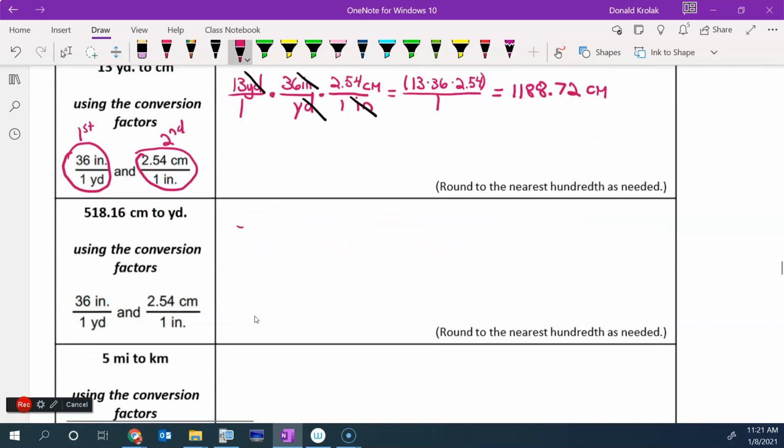So centimeters to yards. So I know I want to have centimeters in the denominator. Okay, so I'm going to have to use this one, but flip it.